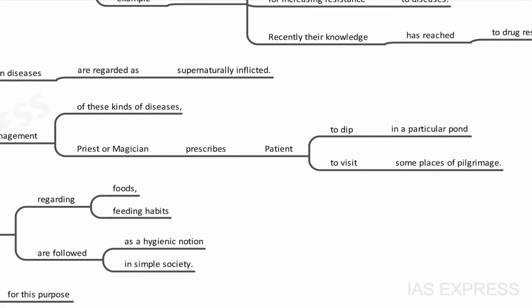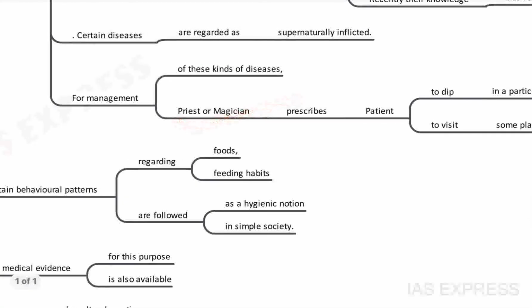So these things are suggested by priests and practitioners who prescribe such remedies to the patient, and they have a specific position in society, such that only such a person can prescribe to the patient. Any Tom, Dick and Harry cannot go and prescribe to the patient. It is such priests, magicians or people who practice witchcraft who prescribe these things.